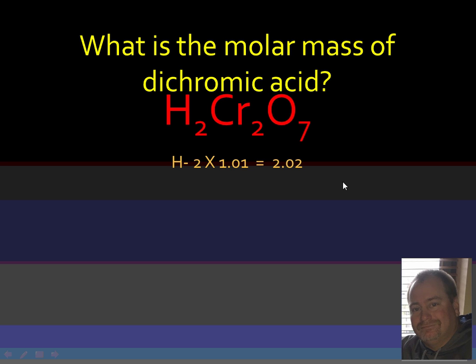Chromium was one I really am not familiar with. 51. Can't read my periodic table, I'm getting old. 996, so if I'm rounding it to 2 spots, it's going to be 52.00. How many are there? 2 of them.